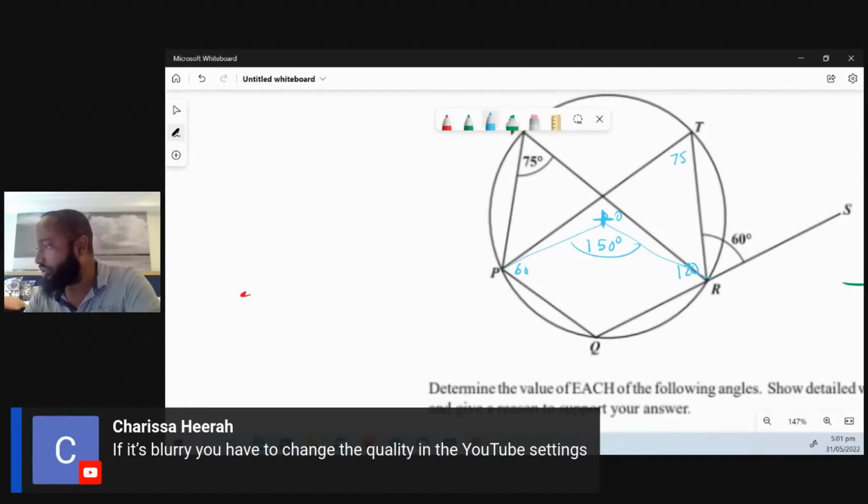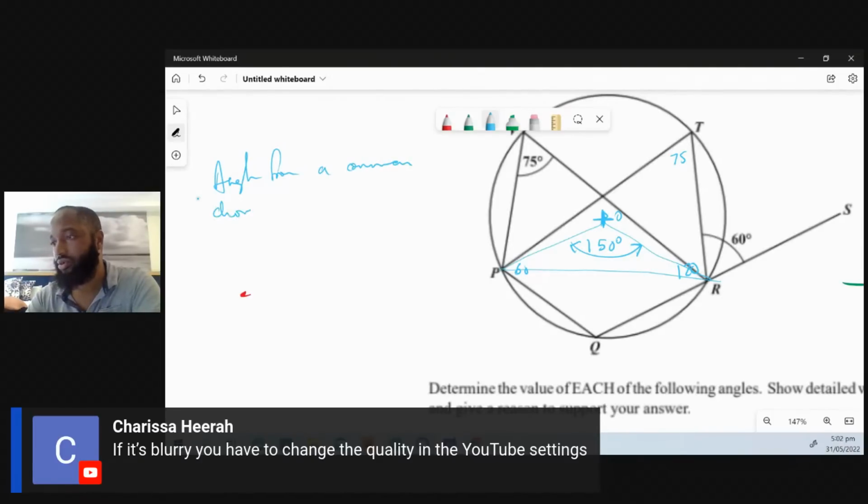Now, why is POR equal to 150? It's because it comes from the same chord here. And angles from a common chord at the center is equal to 2 times the size of angles, or subtended is the fancy word they like to use, from the same chord at the circumference.